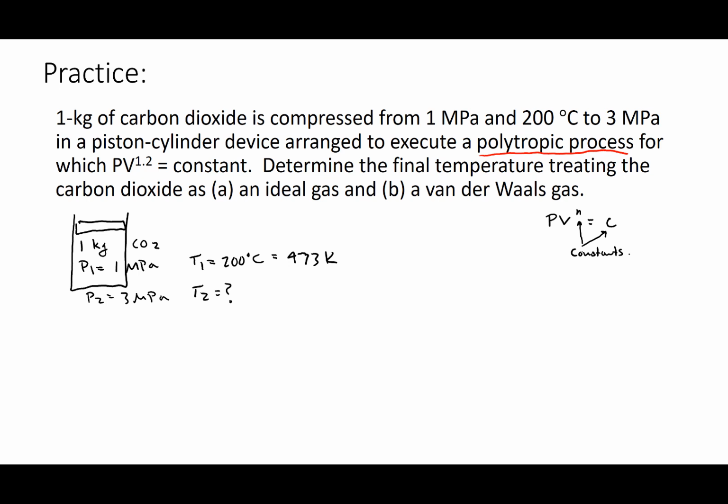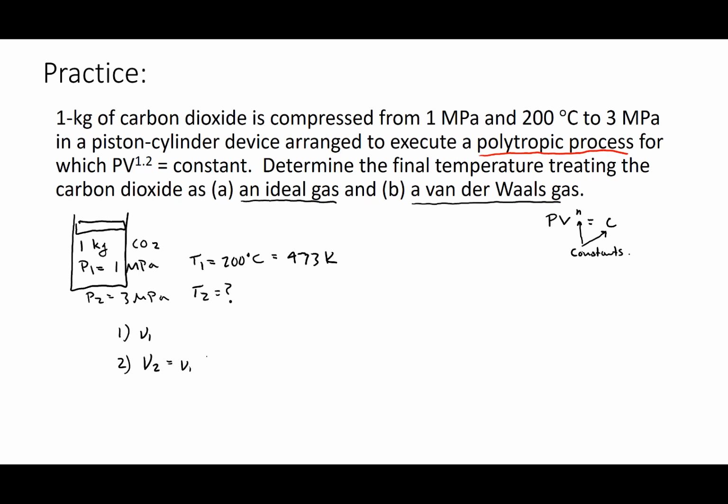The process we're going to use is, first of all, calculate V1 from the ideal gas law, because for the first part we're going to use the ideal gas law. For the second part we're going to use the van der Waals equation of state. Then we're going to determine V2 from V1, assuming a polytropic process.